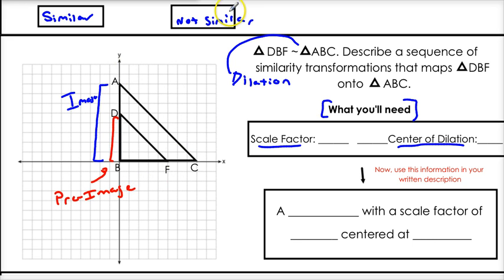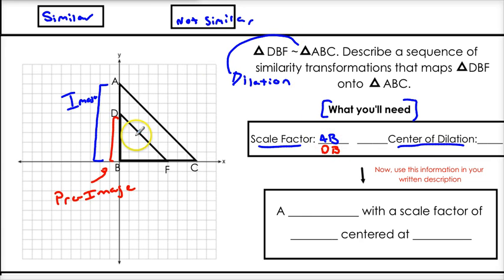So in this case, our image side length is going to be AB, and our pre-image is DB. You could have picked this side, it doesn't matter, but you have to pick a side. So our scale factor is going to be AB over DB.